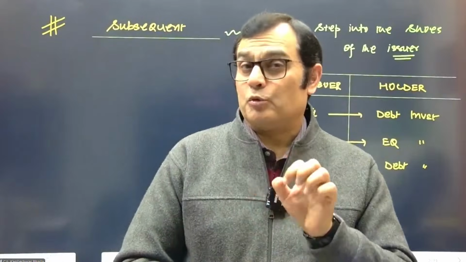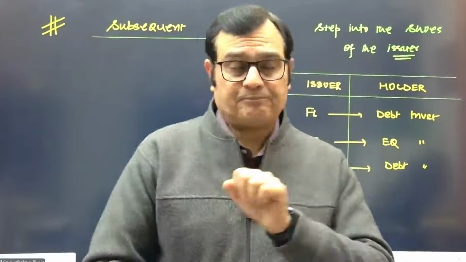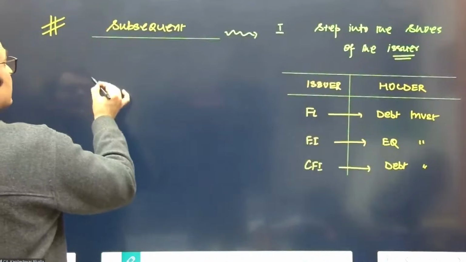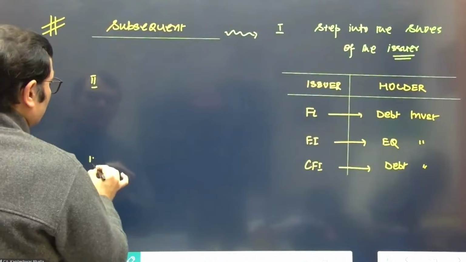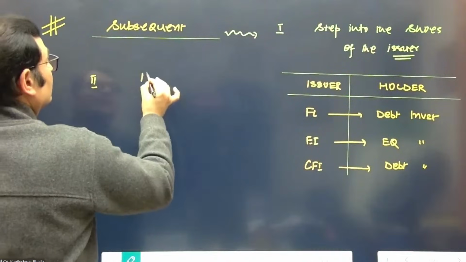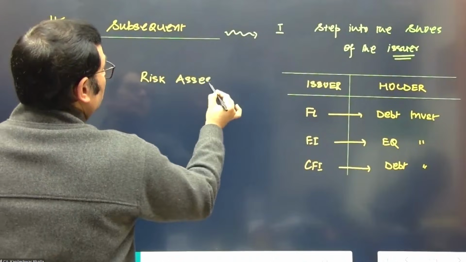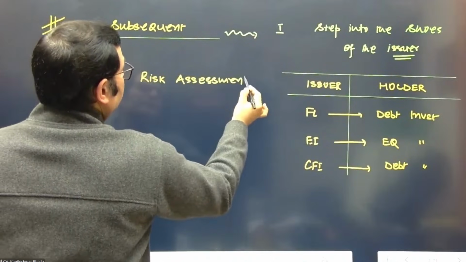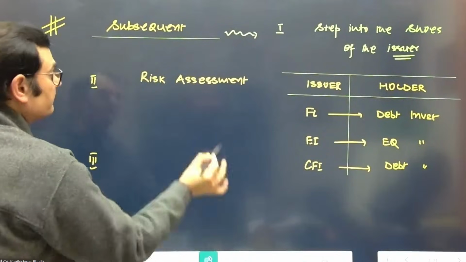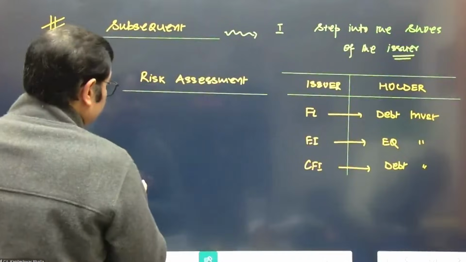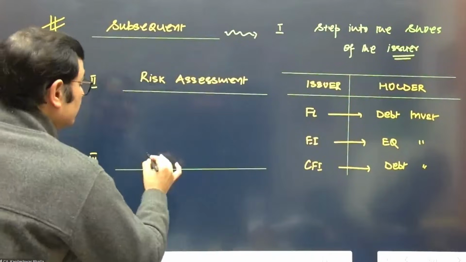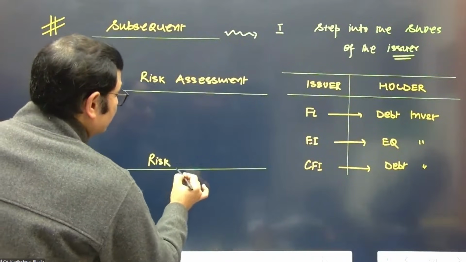So that is approach one, the first step. The second step which I gave you was in terms of doing a risk assessment. And even the third step which I gave you was again in terms of a risk assessment.